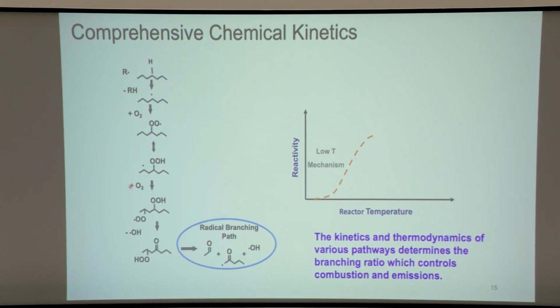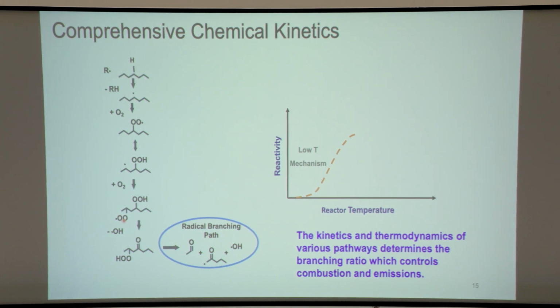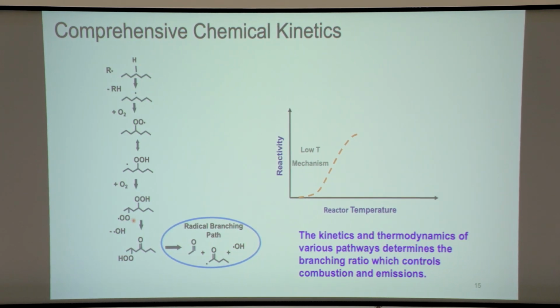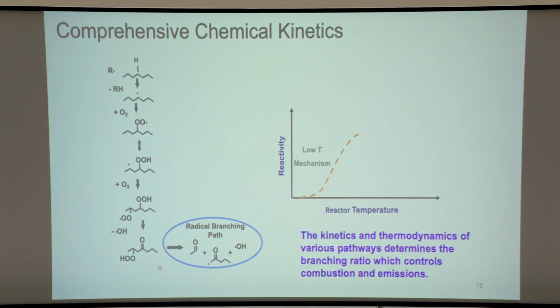Then you react with oxygen again, and you form another peroxy group, OO. And now the molecule is becoming quite heavy and bulky. It has a lot of oxygen. It has a radical site. So preferably, it can internally abstract hydrogen again, but then it undergoes a scission reaction. And in the end, after this whole sequence, we form something called a ketohydroperoxide, a very unstable molecule.